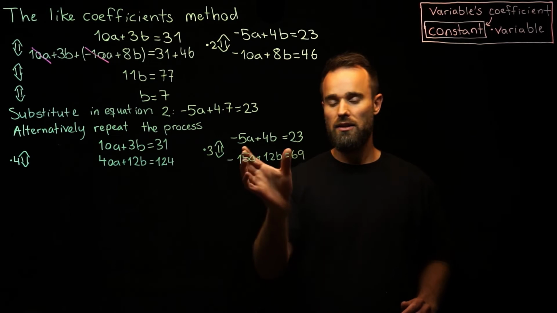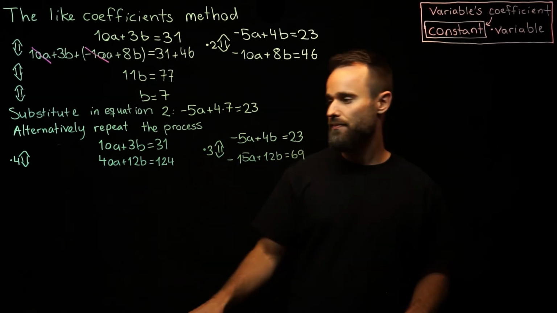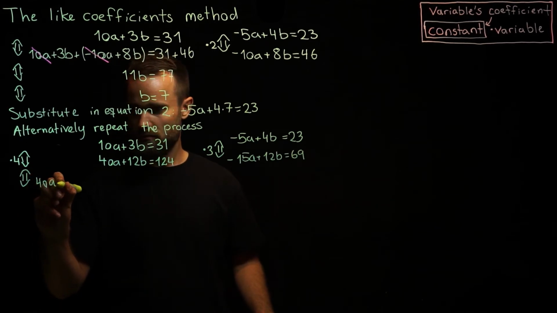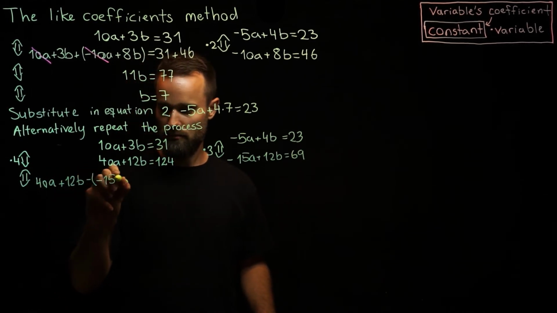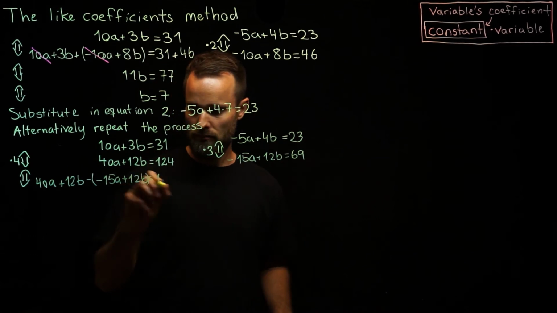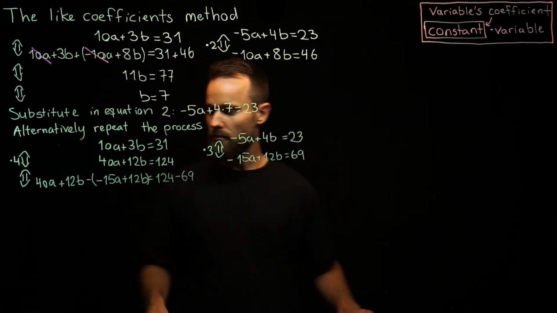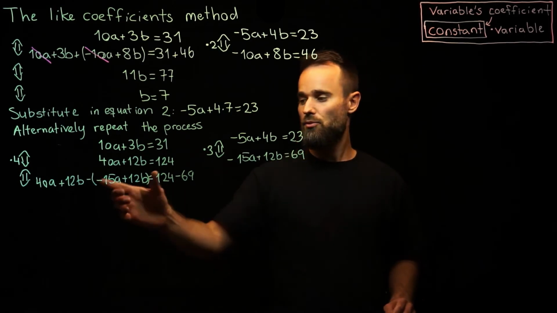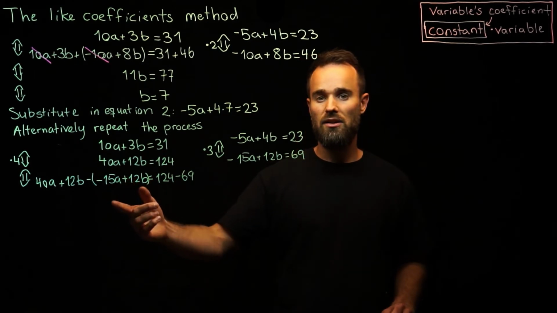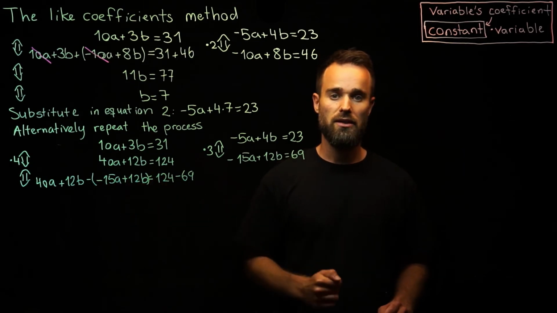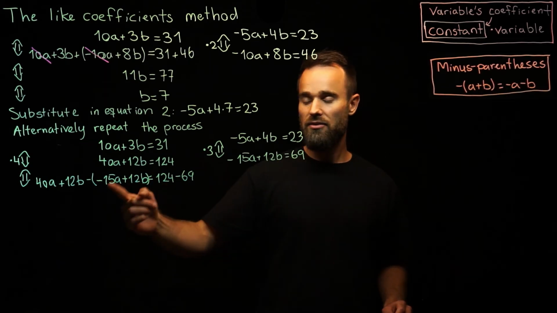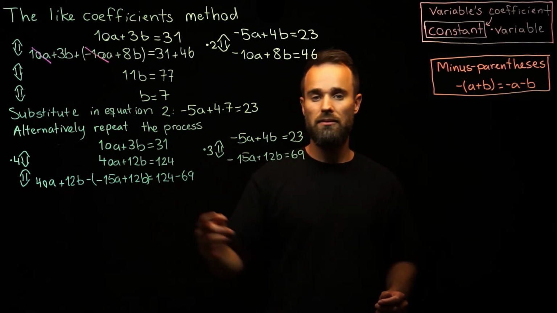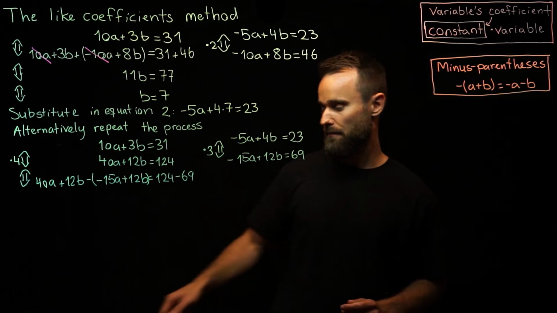Let's subtract the second equation from the first. The minus parentheses is removed by switching the signs of the terms inside the parentheses. Negative 15a becomes positive 15a, and positive 12b becomes negative 12b.